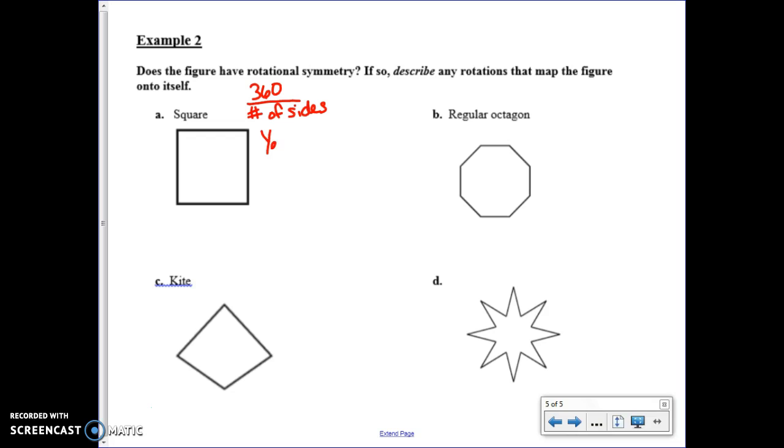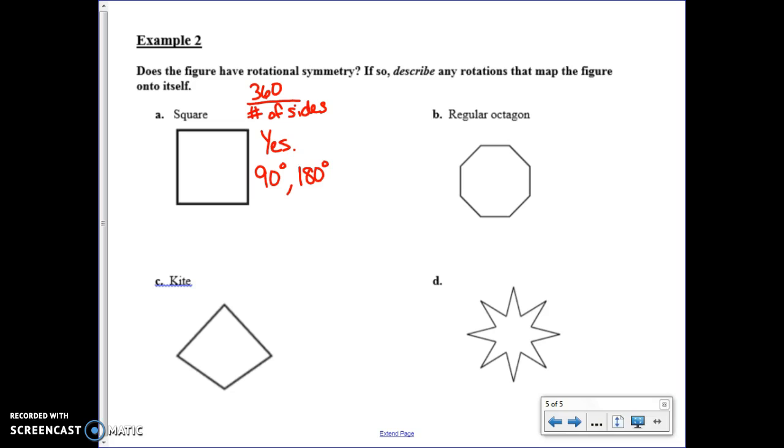So yes, it has rotational symmetry. 360 divided by 4 is 90 degrees. We are going to then count by 90 degrees until we hit 180. So 90 degrees, 180 degrees. If it doesn't hit exactly 180, we go to the number just before 180.